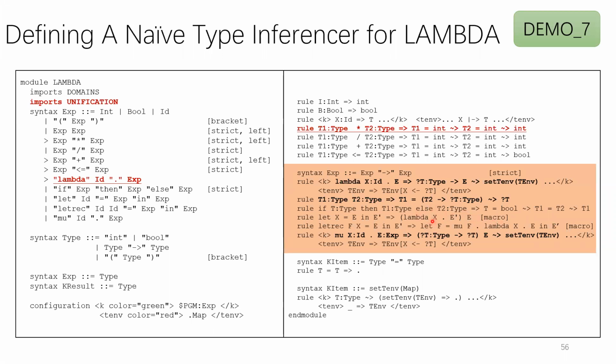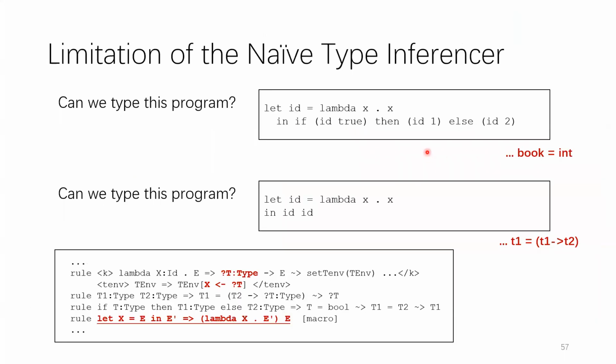So we use one type for x everywhere in E. That causes a problem because here we want x to be of different types. Here we want the parameter to be of type bool, and here we want the type of the parameter to be int.